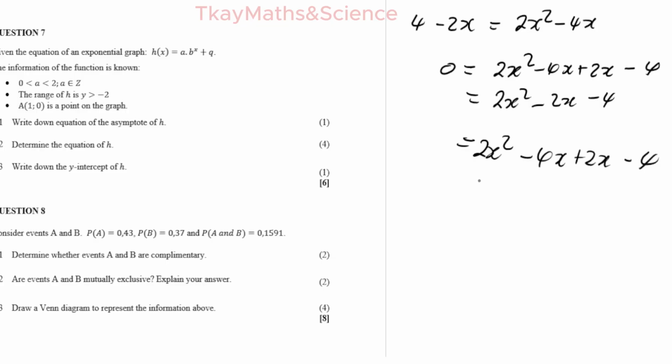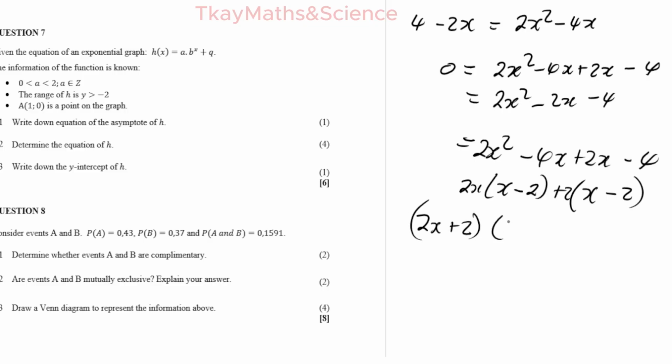Okay, so here factor out 2x, that is x minus 2, and here we factor out plus 2, it's going to become x minus 2. Okay, so our answer is going to be 2x plus 2 times x minus 2 is equal to 0.